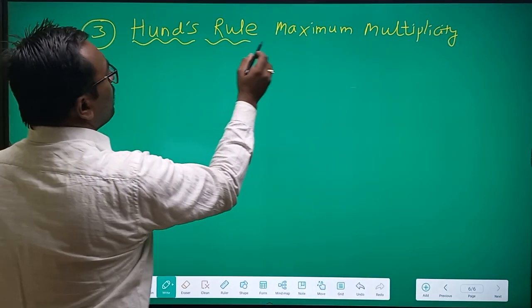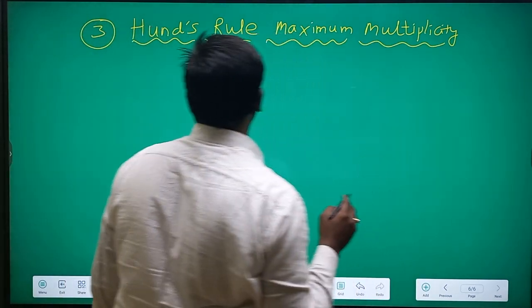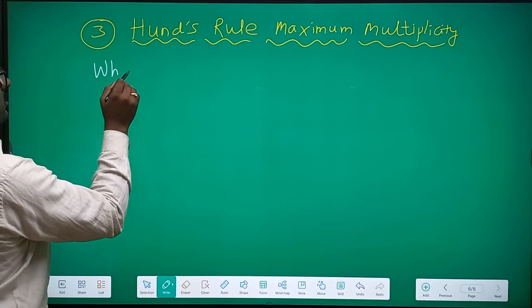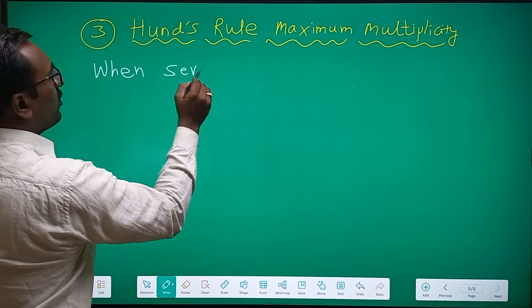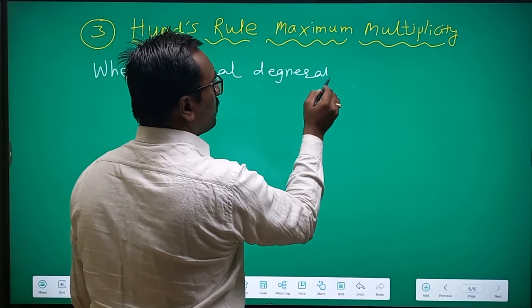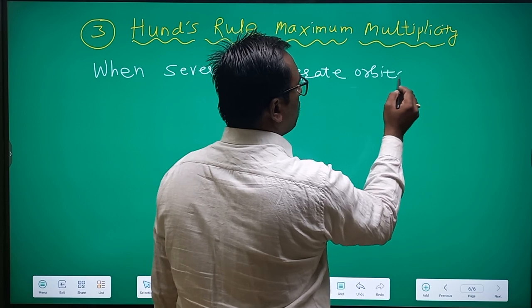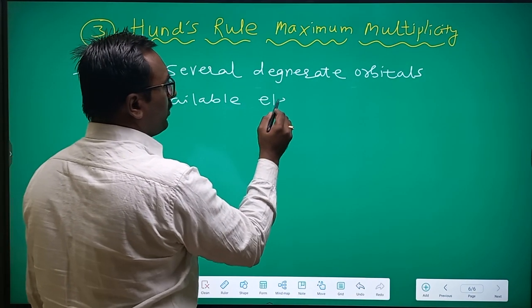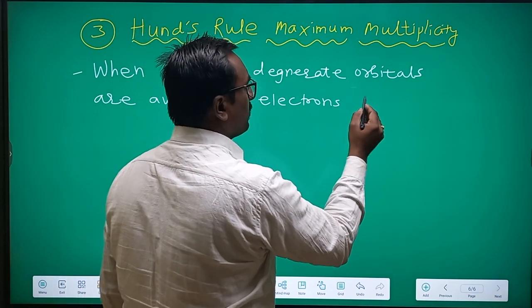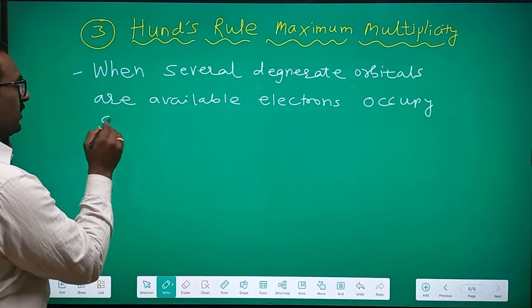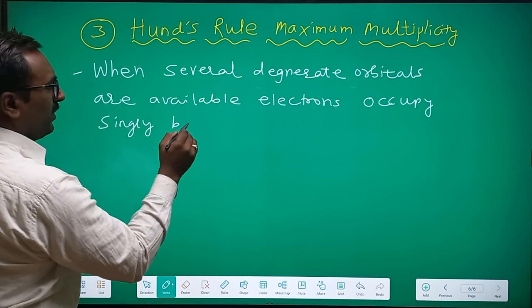So according to this rule, when several degenerate orbitals are available, electrons occupy them singly before pairing.